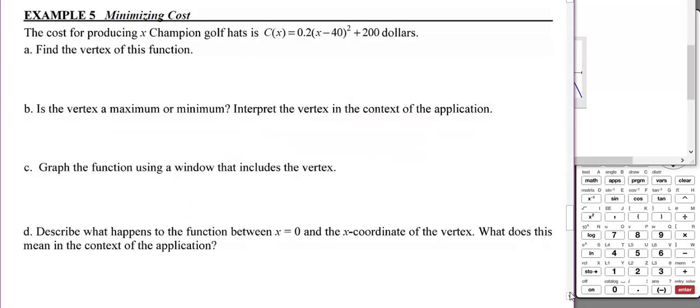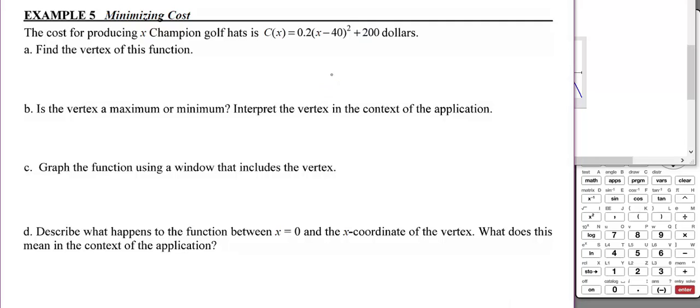In this example, we are minimizing cost. Again, the key word is minimizing. At this point in the course, we know that this is going to be a parabola problem. The cost for producing x champion golf hats is this equation: C of x equals 0.2 times the quantity x minus 40 squared plus 200, in dollars.